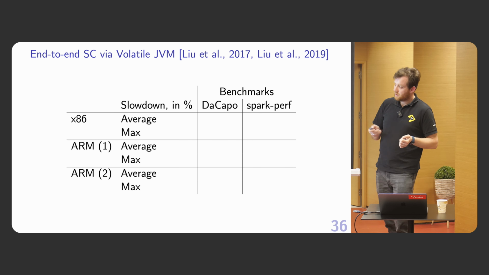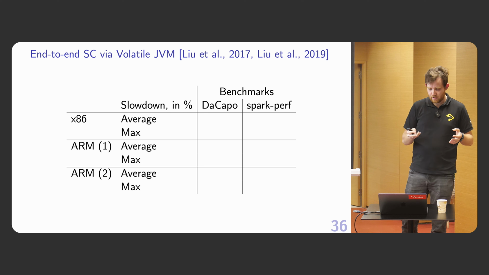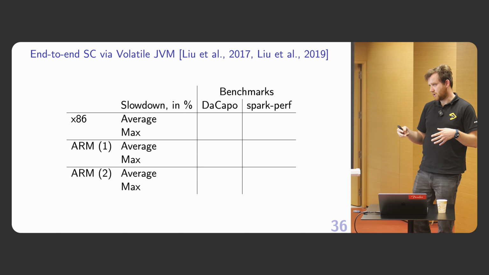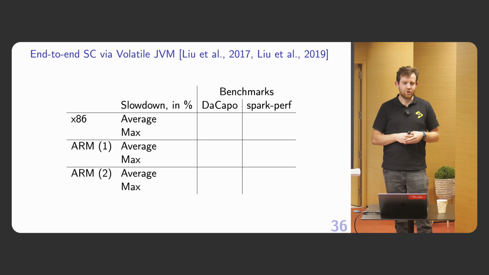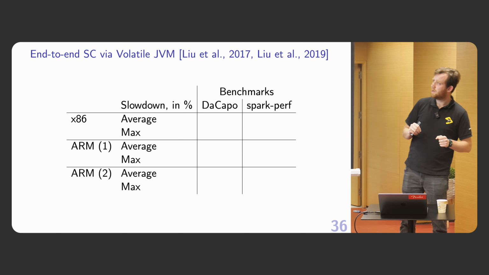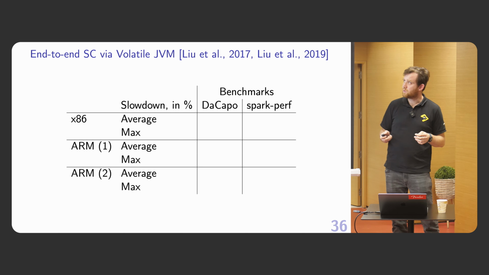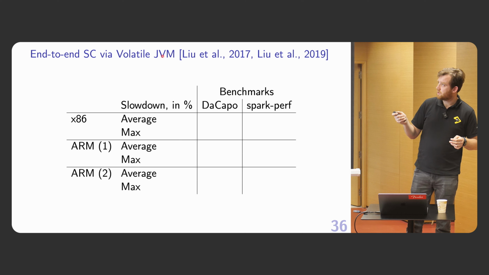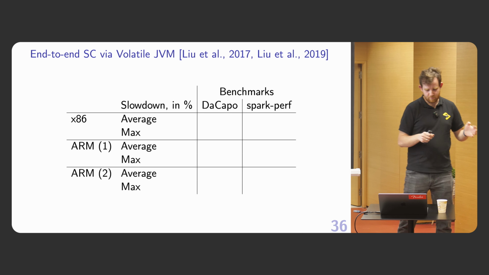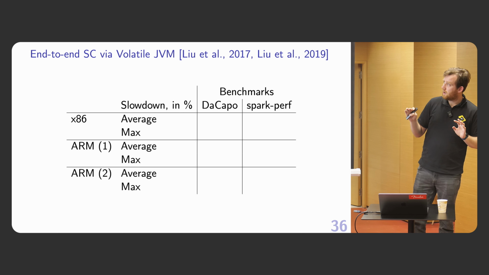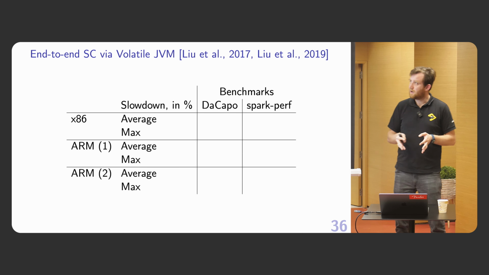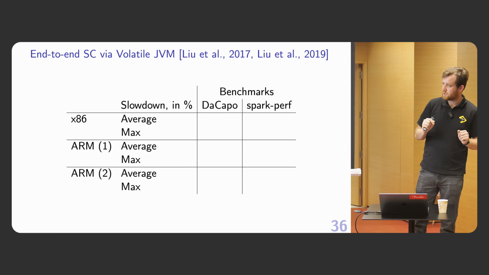So the colleagues essentially modified the JVM to assign volatile to each such access. Actually, they did some clever tricks regarding arrays and so on, but if you want more details, please read the corresponding papers. The idea is that some good engineers modified the JVM to have these volatile accesses for everything which is shared.